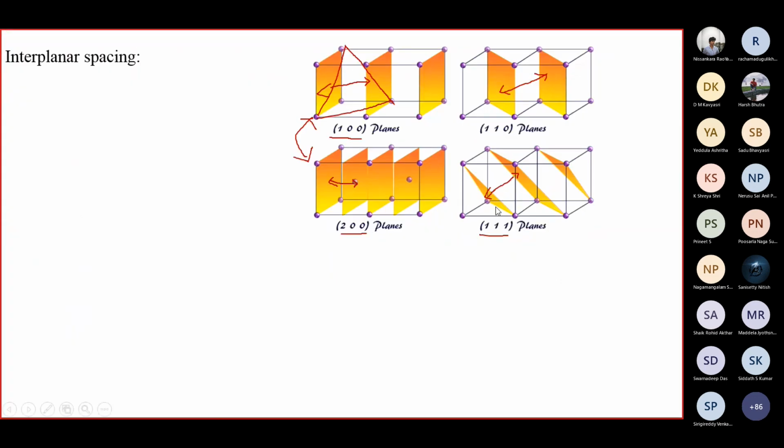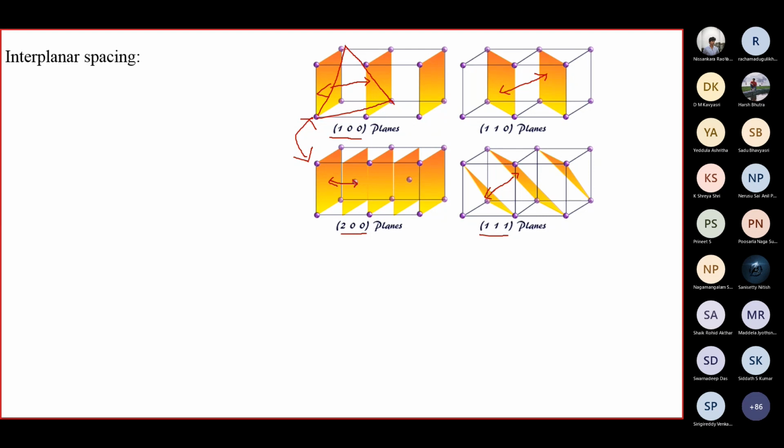So now we know that we can construct a crystal structure using different kinds of planes, and the distance between planes is very important if we are using any set of planes to define a crystal lattice. The distance between the adjacent planes we call the interplanar spacing.